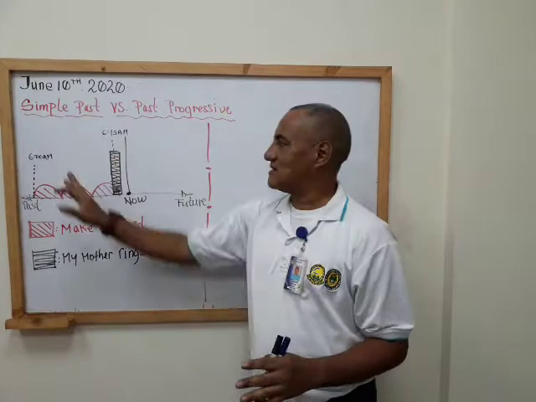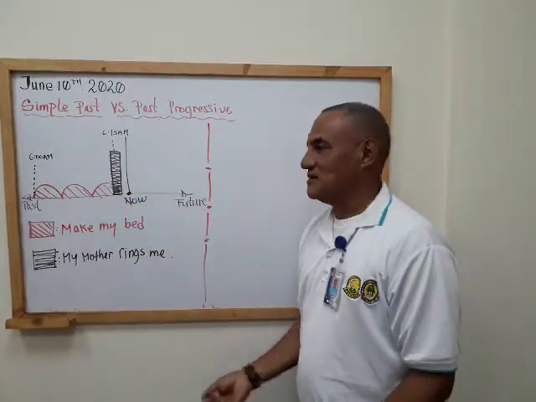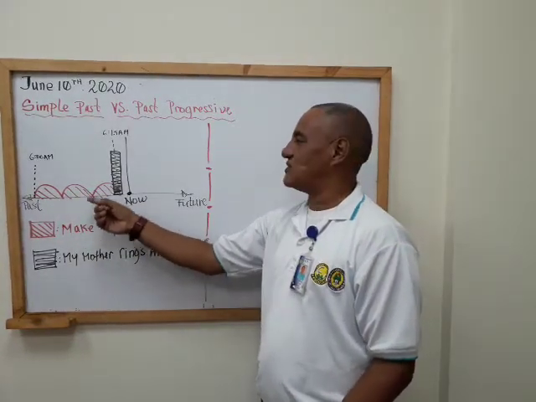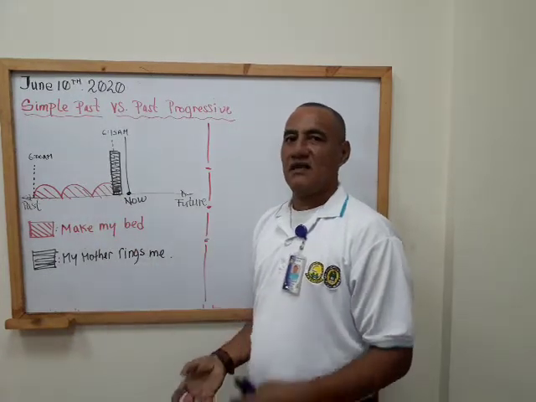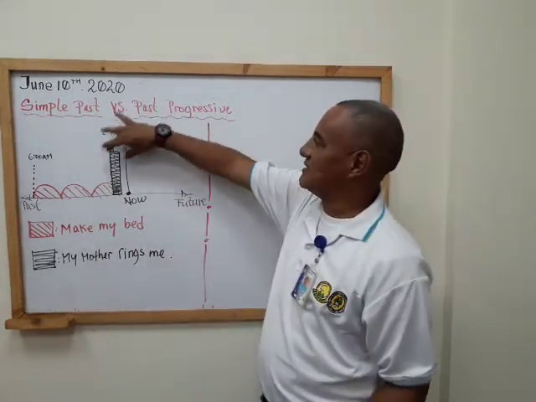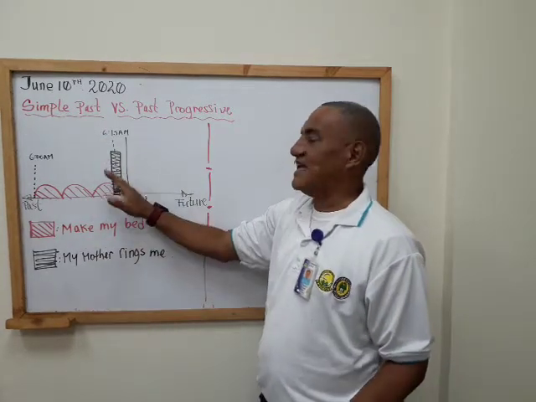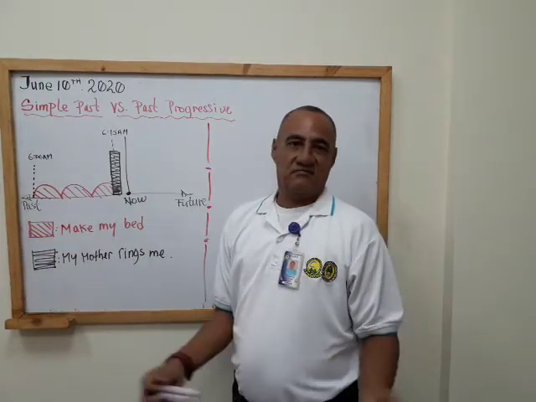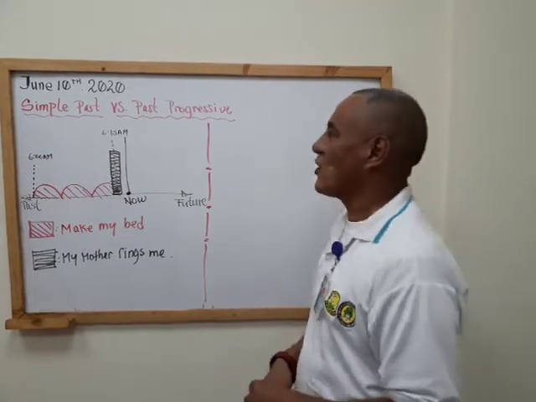At 6 a.m. I began making my bed, right? That was the action that happened first. Then that came in process. So all of a sudden, as you can see here, there is another activity, my mother rings, that interrupts the action that I have been performing before.